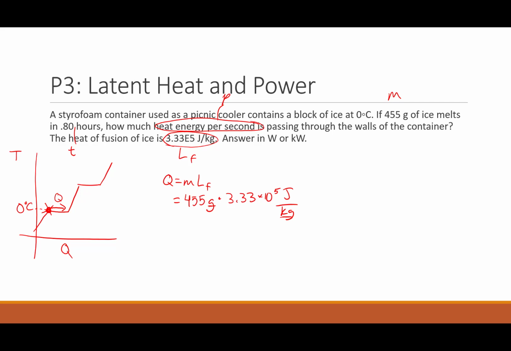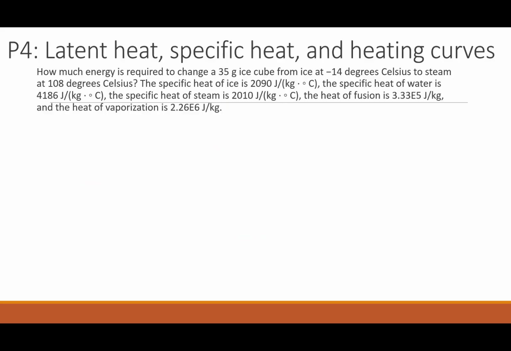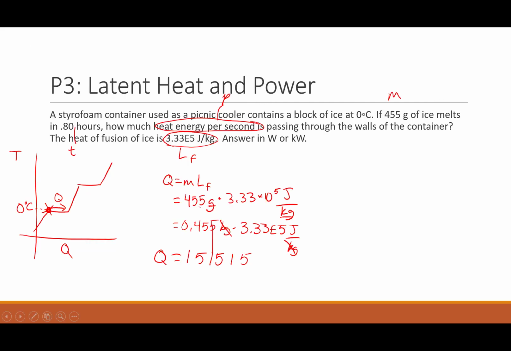There are 1,000 grams in a kilogram, so I'm just going to move the decimal place over 3, and it becomes 0.455 kilograms times 3.33 times 10 to the 5 joules per kilogram. We're left with joules. That'll give us our heat. Q equals 0.455 times 3.33 times 10 to the 5. 151515 joules, and we'll round that later.